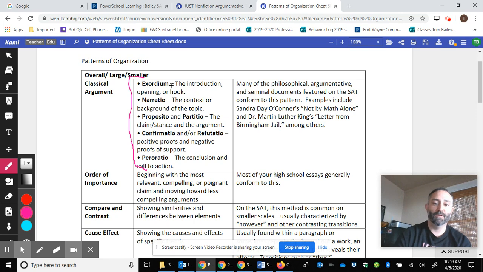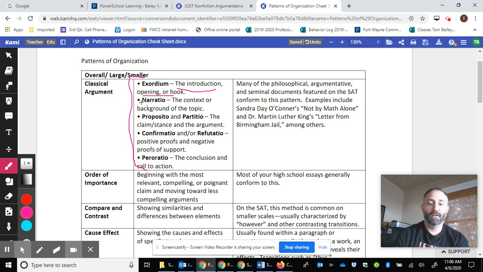That is basically what he spends the first couple paragraphs doing. So there's usually an introduction, an opening, or a hook where the speaker usually introduces themselves, or they reach out to the audience and try to get the audience to hear exactly what's going to be coming, as far as an attention-getting device, and then the main idea.